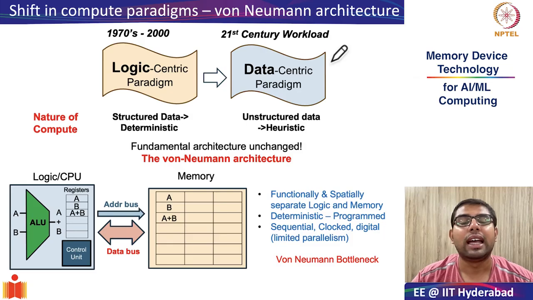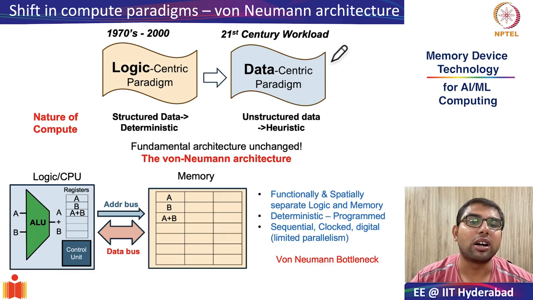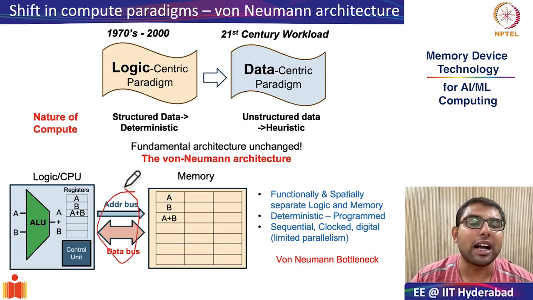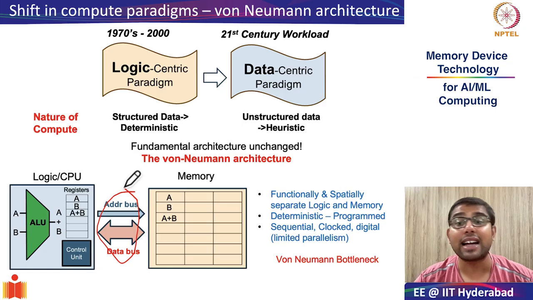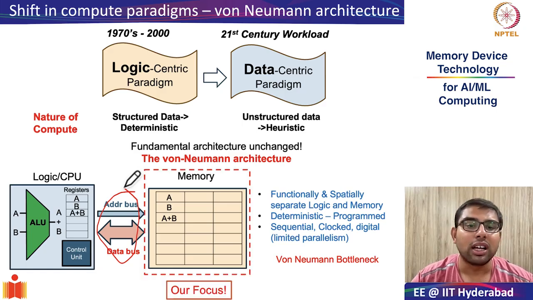When there are frequent transactions between the logic and memory in data-centric computing, the data bus becomes the primary bottleneck, and that is what we termed the von Neumann bottleneck. Before getting into all this, we decided that the first part of our course would focus on advances in memory and storage technology. That has been our primary focus.